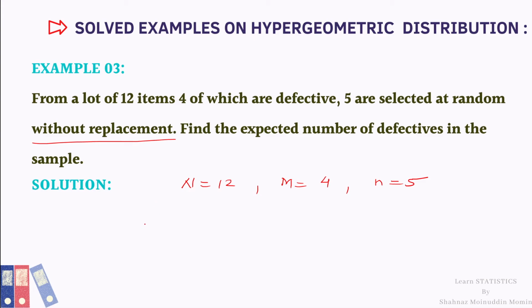Now the expected number of defectives is given by expectation of X, which is equal to the formula n into M divided by capital N. Substituting all these values, we get 5 into 4 divided by 12, which is equal to 20 upon 12.